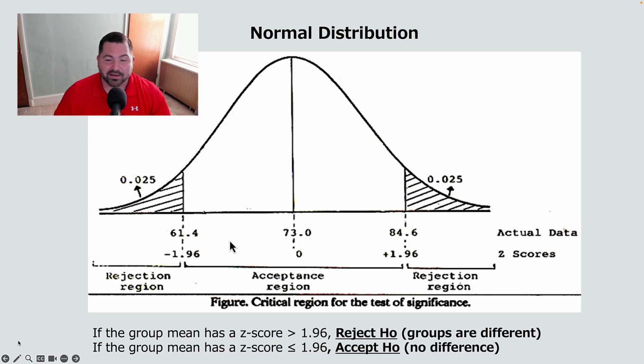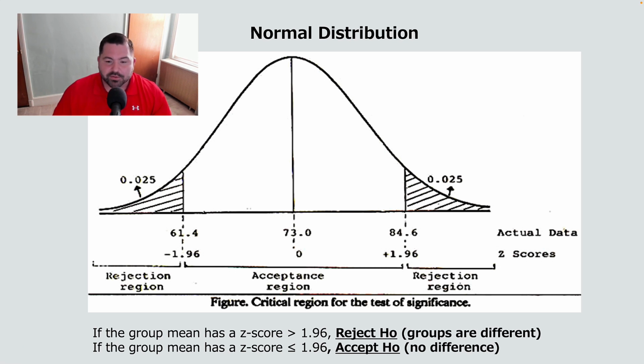And if they are larger than 3 standard deviations above or below the mean, that covers 99.7%. So there's a very, very low likelihood that a value, should it occur, would fall in that area of rejection.